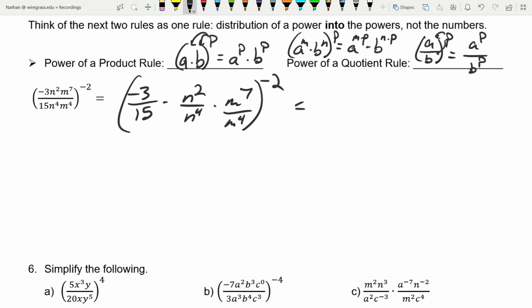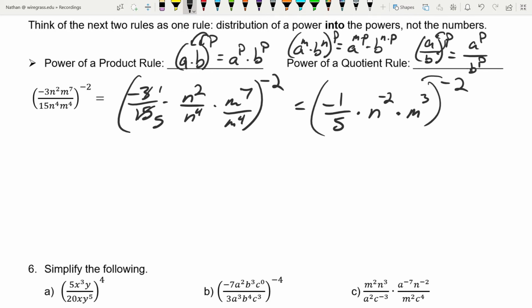Okay. In the first fraction, I can divide top and bottom by 3. That's going to give me -1/5 times, I have n squared over n to the 4. That's the same thing as n to the 2 minus 4. So it's going to be -2. And then I have m to the 7 over m to the 4. So 7 minus 4 is 3. Now I can distribute the power just like I did using the power of a product rule.